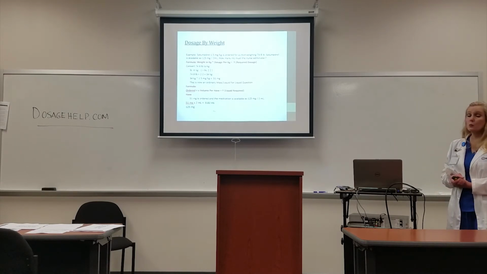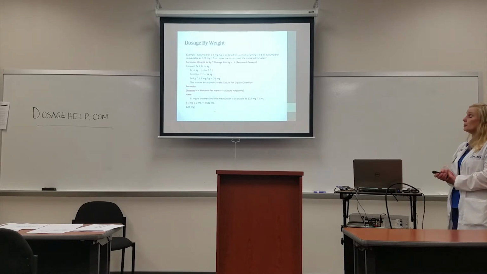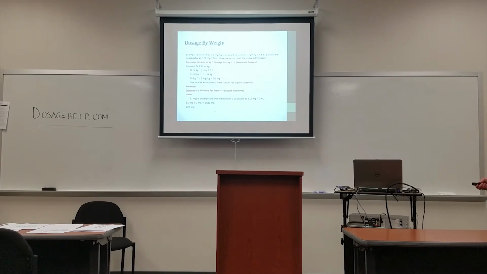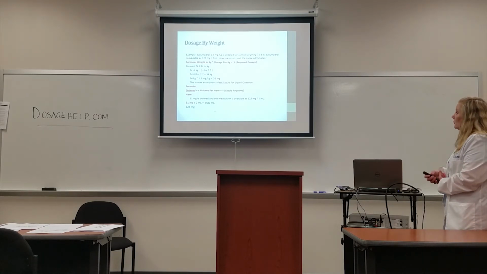Then I take the weight of my child in kilograms and multiply it by my ordered amount, which is 1.5. So I'm taking 34 kilograms multiplied by 1.5 milligrams per kilogram, and it equals 51 milligrams.